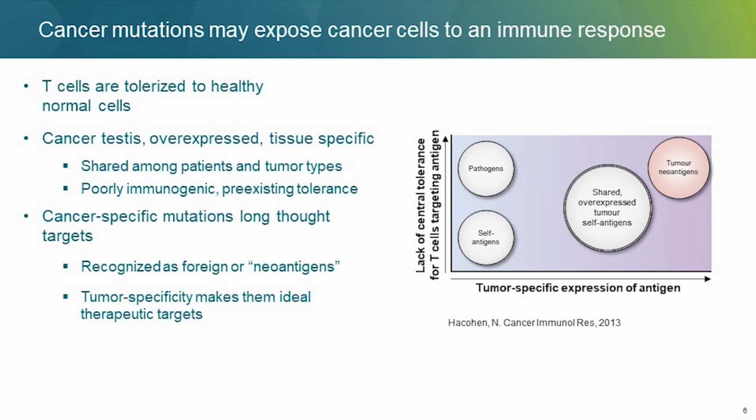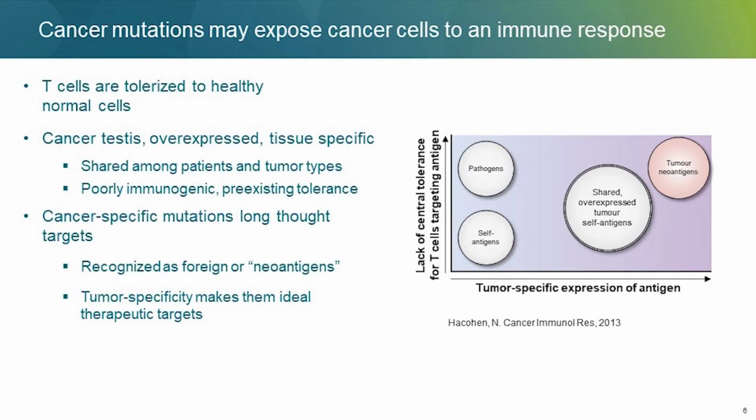So the field has been focusing for many years on cancer-testis antigens or overexpressed antigens. One of the issues with these antigens is that they're often poorly immunogenic because they're expressed in other tissues and there is pre-existing tolerance. And even if a T-cell response is generated against these antigens, these T-cells are not very effective at controlling tumor growth.